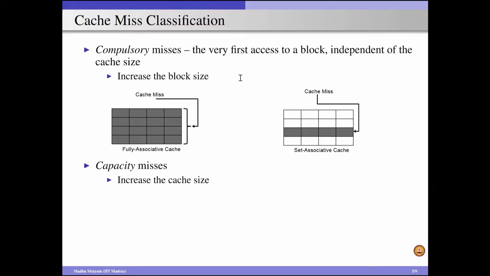And the third class of cache misses is called conflict misses. Consider a set associative cache where we know that the blocks are mapped to a particular set. Let us assume that the processor generates an address which is mapped to the third set in this particular example set associative cache, and also assume that this set has all valid blocks.